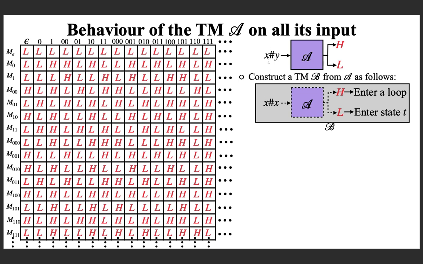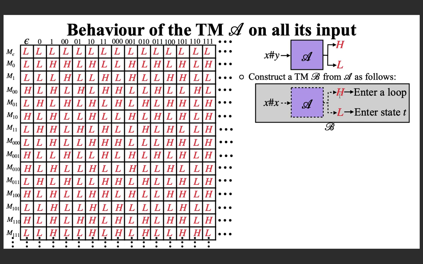Mx is the Turing machine that it is taking as input, right? It is an encoding of a Turing machine, and x is a binary string, not an encoded string, which goes as an input to the Turing machine Mx. Then it just runs A, and A is assumed to halt and say H or L.